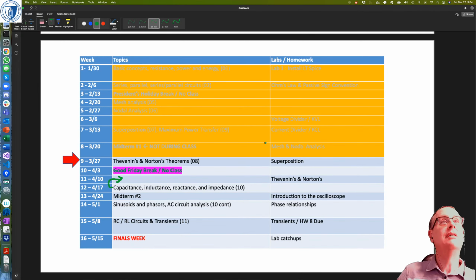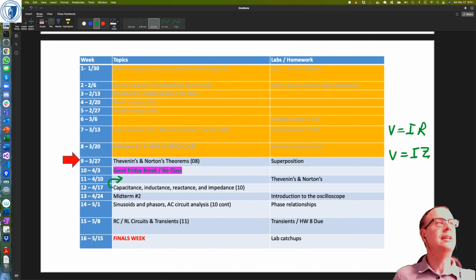Instead of Ohm's law being V equals IR, we now change that slightly to V equals IZ, where now Z is an impedance and possibly a complex valued impedance, so it has a real component and an imaginary component.